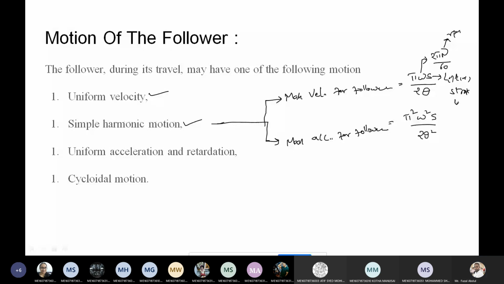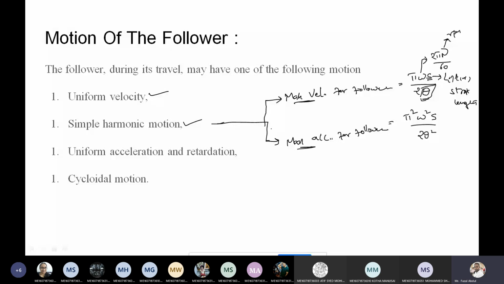This lift or stroke length we can obtain from the vertical line in the displacement diagram. That is the s value. And theta is the angle of rotation of the cam. Theta value will be given in the question. So everything will be given in the question. We need to substitute the values, then we'll get the maximum velocity and maximum acceleration.